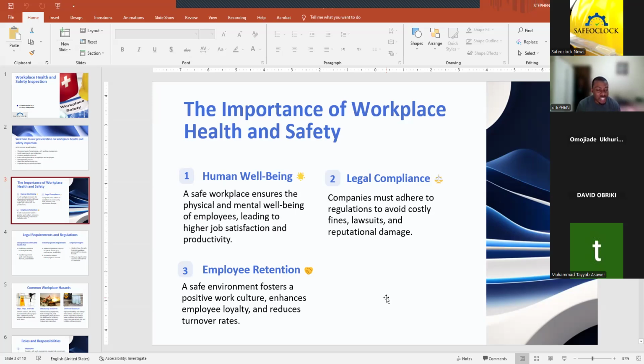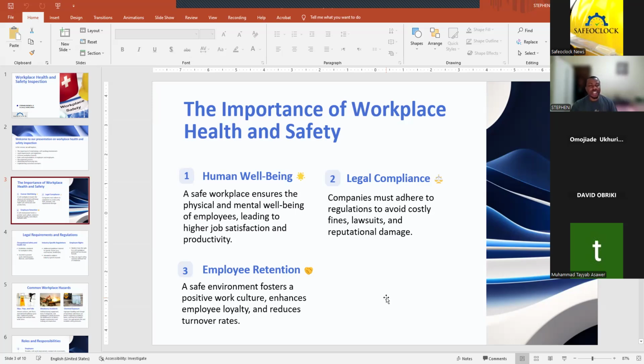They will want to remain with such an organization, and also contribute to enhance the safety culture of such organization. And when employees are retained, it will reduce what we call turnover rate within the organization. This is one of those KPIs that in terms of safety, organizations look at, because when there's a high turnover rate, it means there's something wrong.